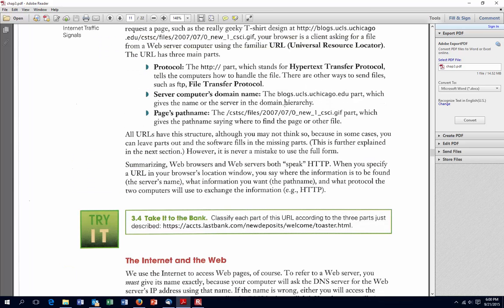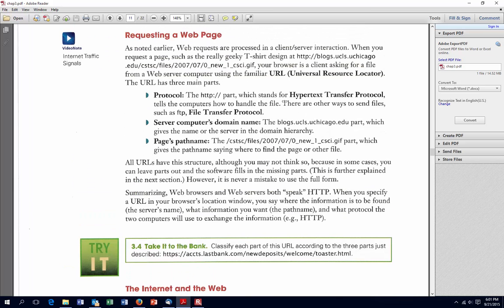So when you request a web page, I'm going to get into a couple of things here that are important, particularly the concept of the URL. When you actually go out and request a web page, in the example here, http:// some site address / blah, blah, blah, and then a GIF file.